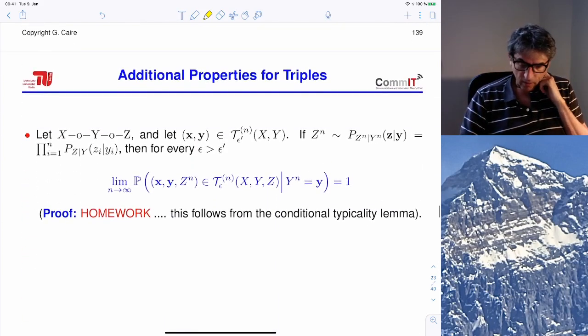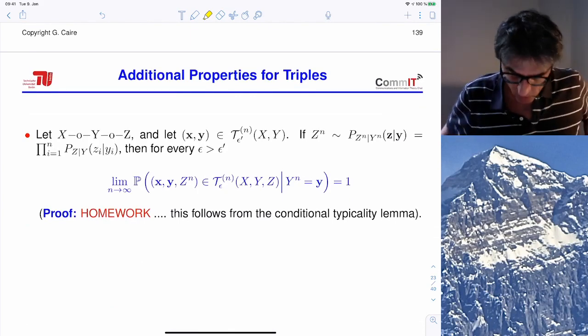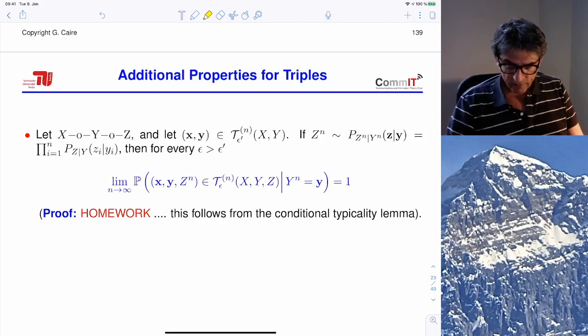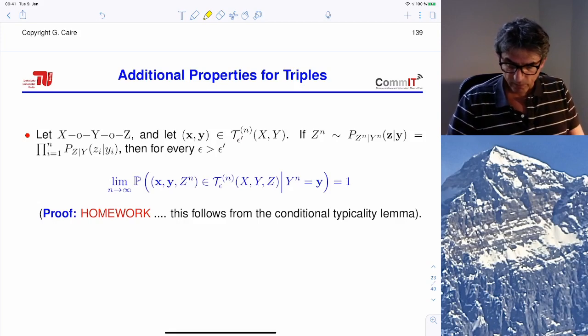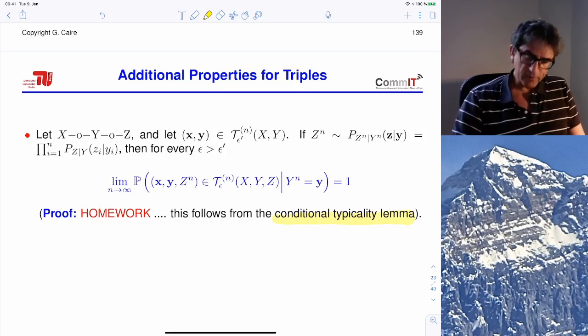And in particular here we have this additional property, whose proof follows closely the proof of the conditional typicality lemma that we have seen before, and you can do it as a homework. It's a little bit more difficult, but okay, this course is difficult.